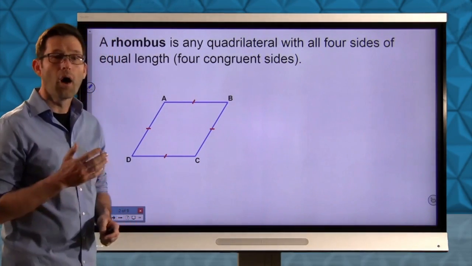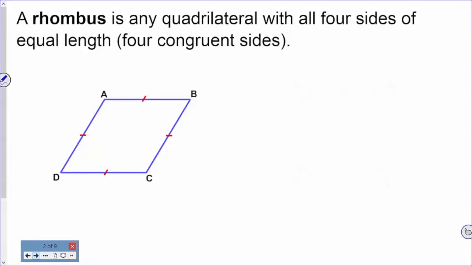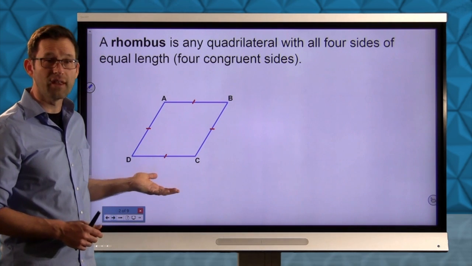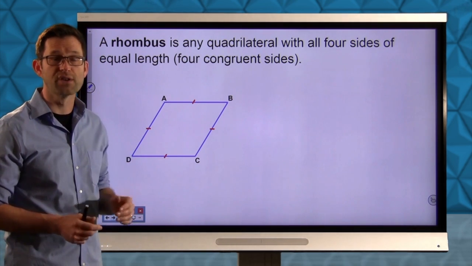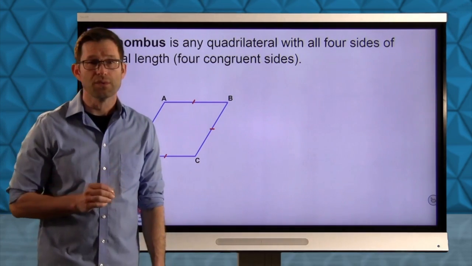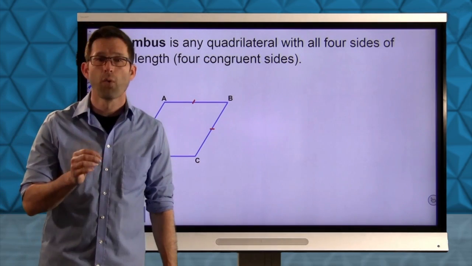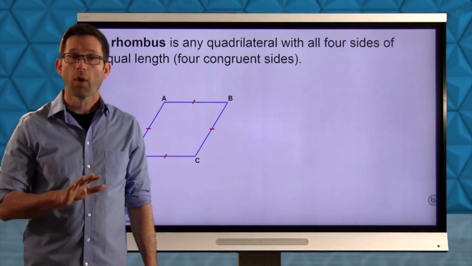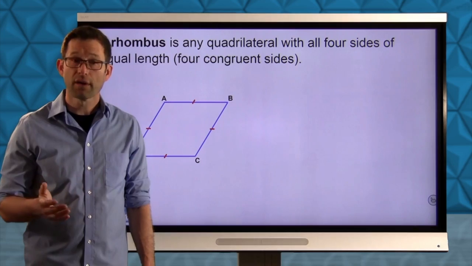A rhombus is any quadrilateral, any four-sided figure, with all four sides being equal length, or four congruent sides. So, here we've got a very typical rhombus. All four sides are the same length. Now, if I ask a lot of students to tell me what a four-sided figure is where all four sides are the same length, they're going to say a square.